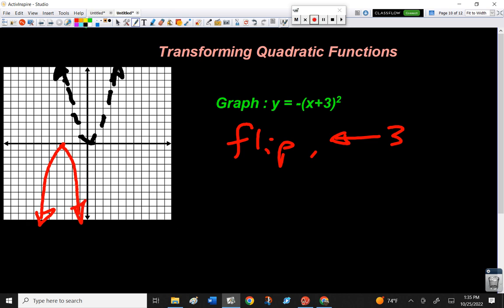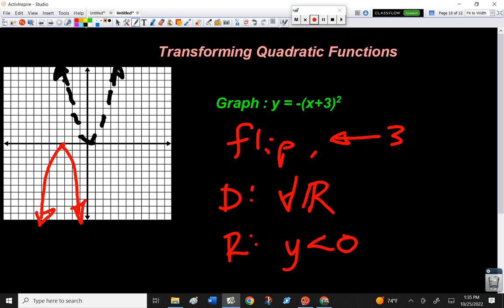And that's what this graph looks like. Let's look at the domain and the range. The domain, ladies and gentlemen, is all real numbers, and the range, the highest that this graph goes is 0. So it's going to be less than or equal to 0. Okay.